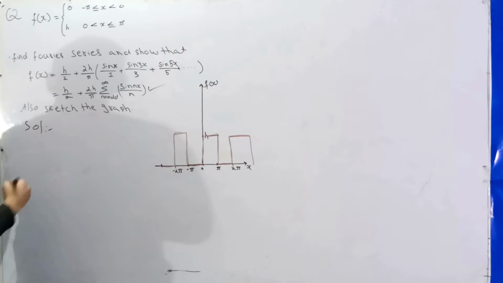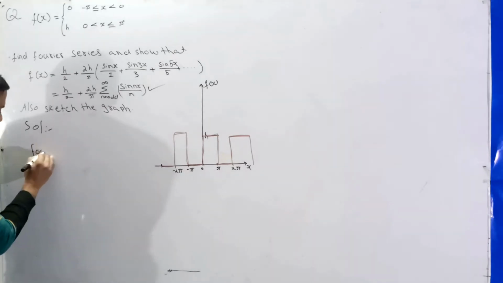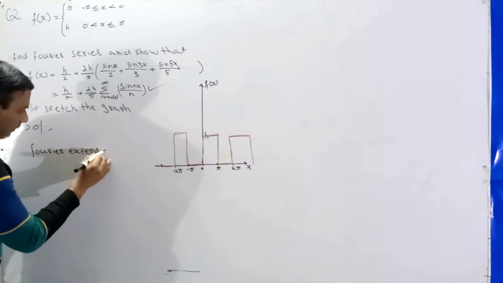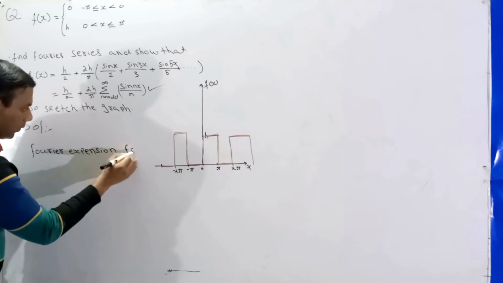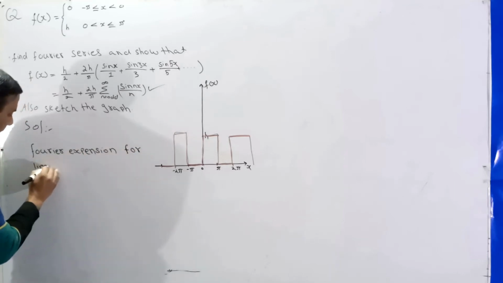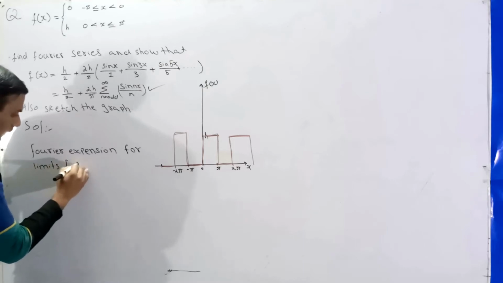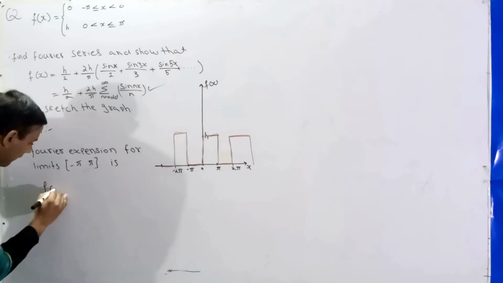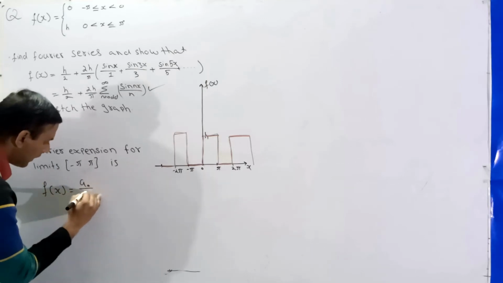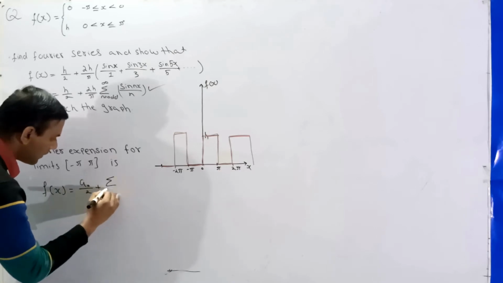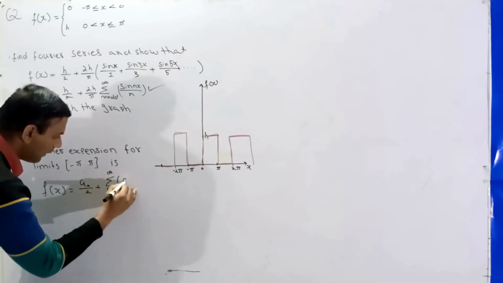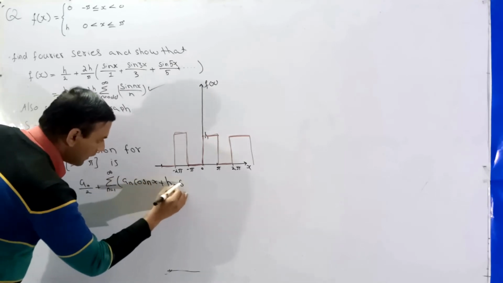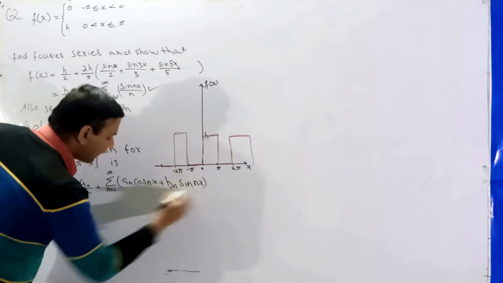Actually we know that the Fourier expansion for limits minus pi to pi is f of x is equal to a naught by 2 plus summation n is equal to 1 to infinity of a n cos nx plus b n sin nx.